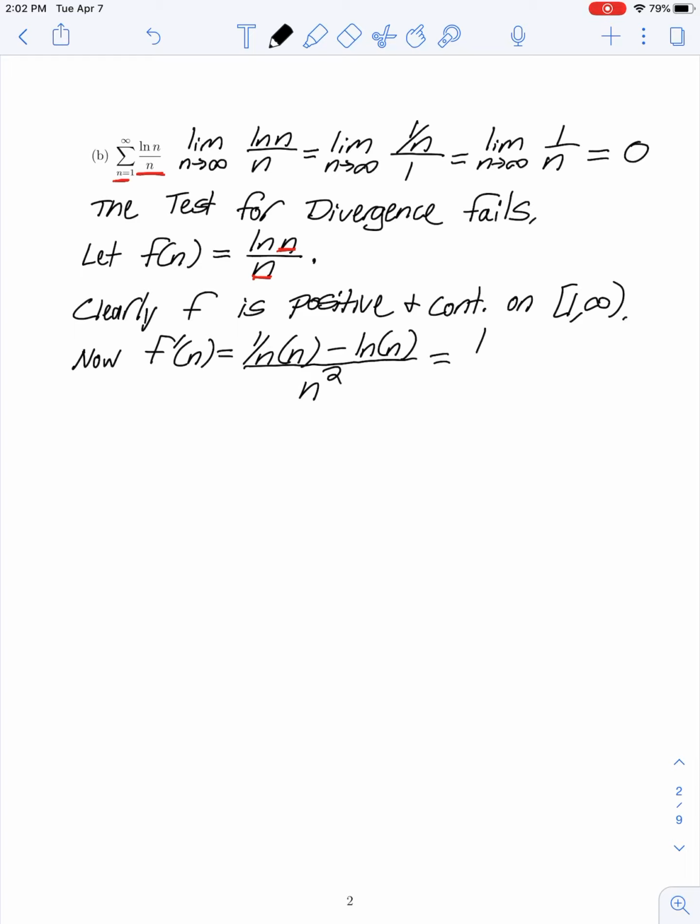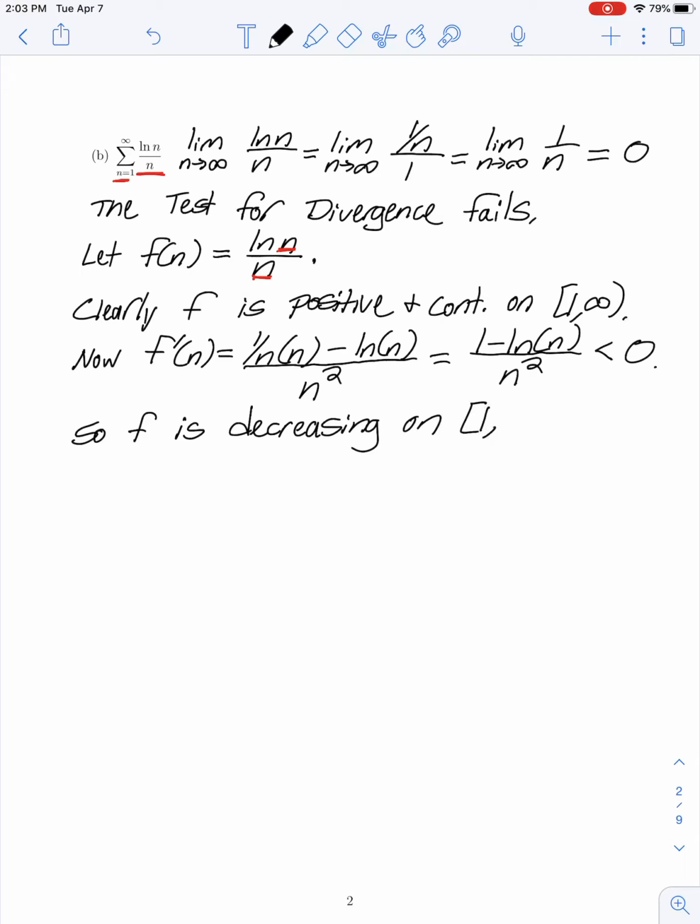So here we're left with 1 minus the natural log of n divided by n squared. As long as n is greater than 1, our numerator, 1 minus the natural log of n, will be negative. And then we're dividing by n squared, which is always a positive value. So that ratio is indeed less than 0. So we can say that our function f is decreasing on the interval from 1 to infinity.